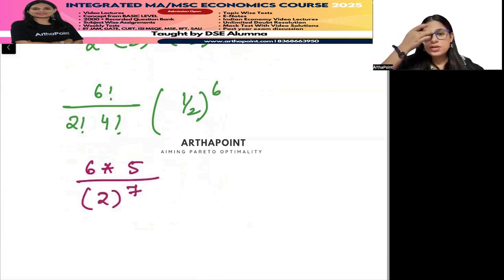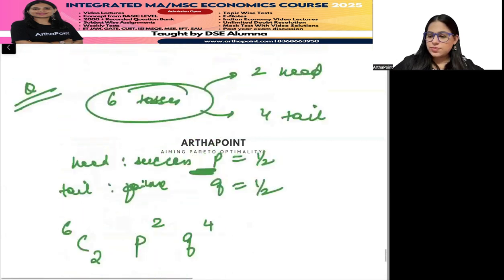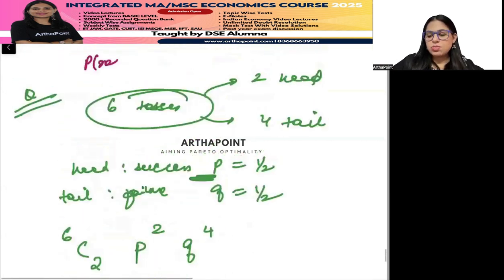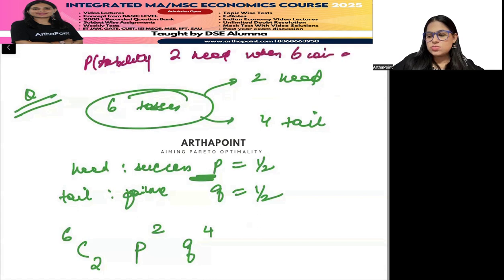So this is going to be the probability of getting 2 heads when 6 coins are tossed.